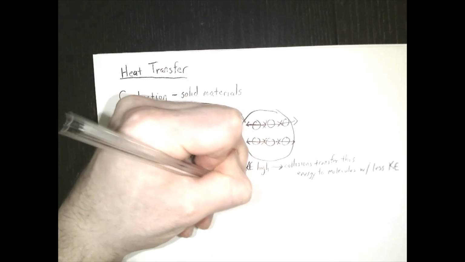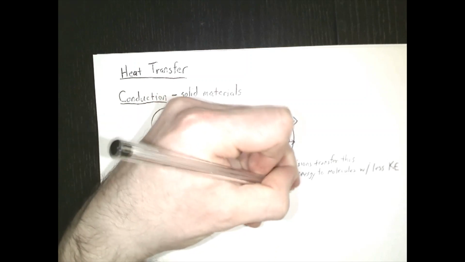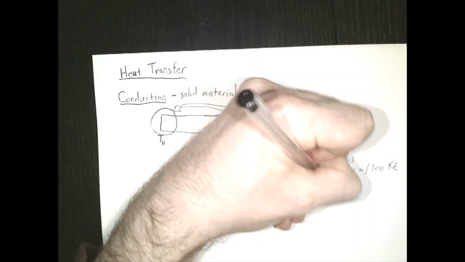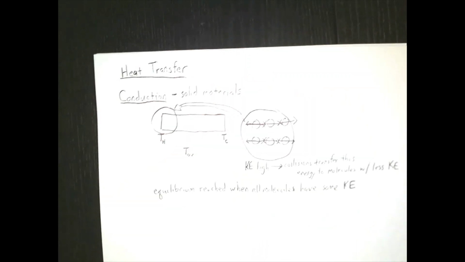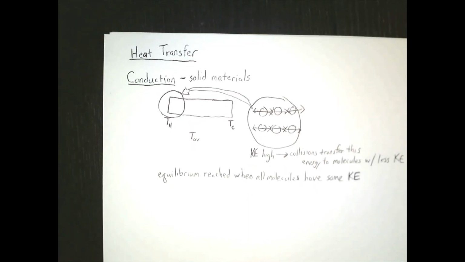When all molecules have the same kinetic energy, once they're all at the same temperature, they can no longer transfer it because when they collide with each other, they have the same value as each other.